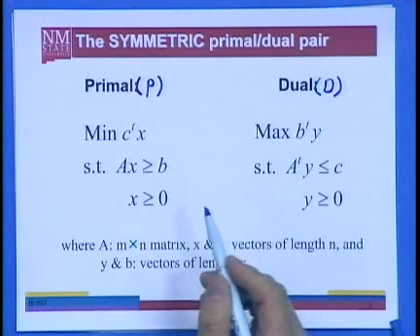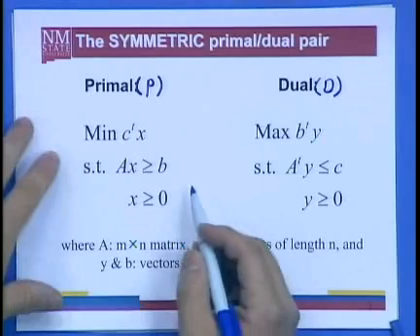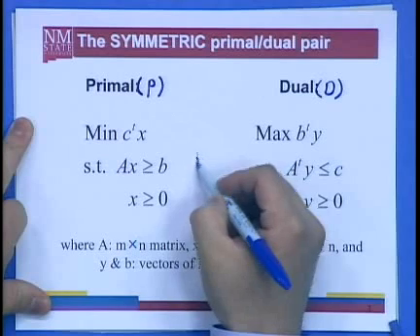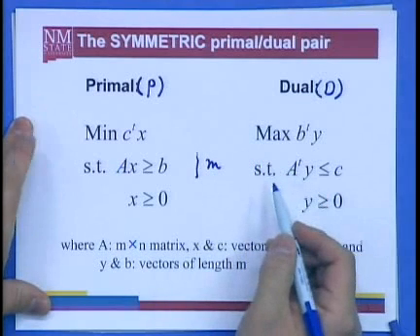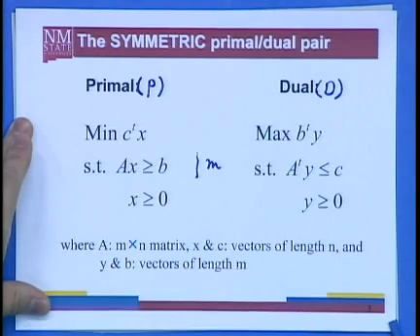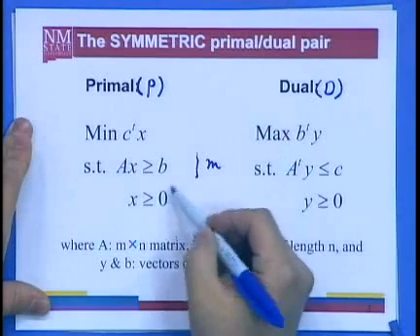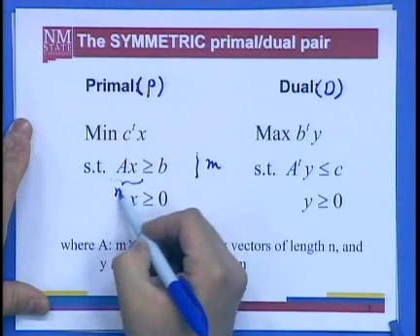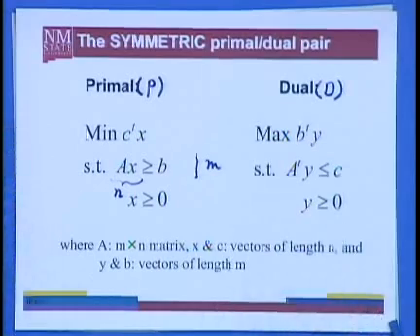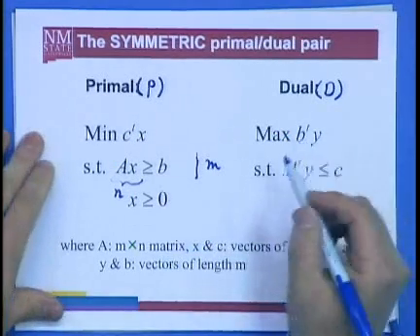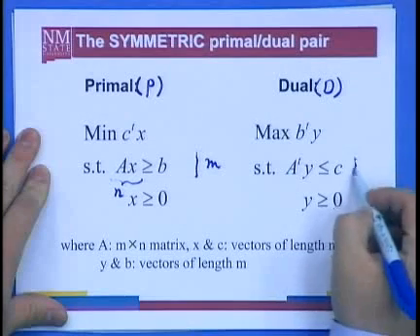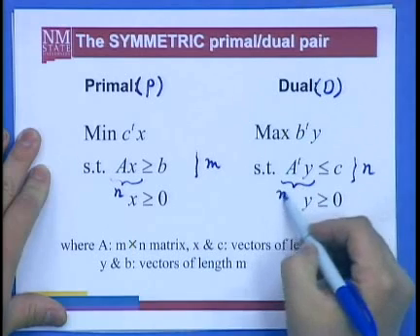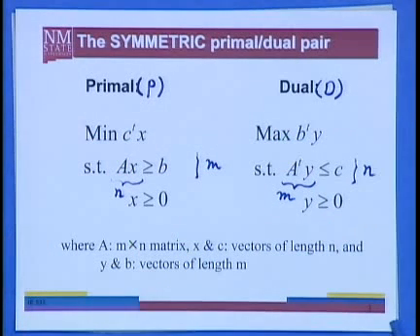If the primal LP is m by n, which means it has m constraints, of course not including the non-negativity restrictions, and n variables, then the dual LP must have n constraints and m variables.